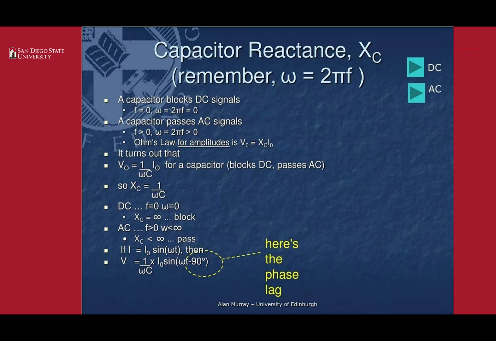And if the current equals I0 sine omega t, then the voltage would be 1 over omega C, where C is the capacitance, times I0 sine omega t minus 90 degrees, and here minus 90 degrees is the phase shift, the lag.